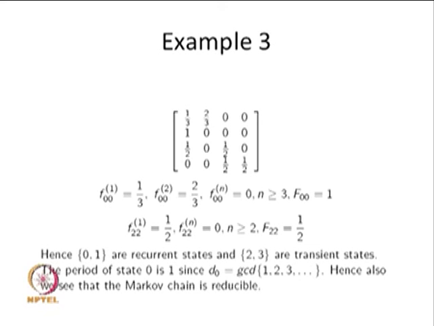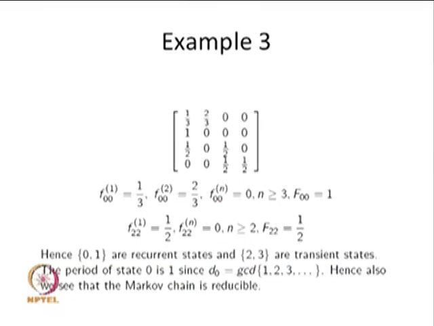Later we are going to explain the property of ergodicity. For that you need to understand what an ergodic state is. Whenever a Markov chain has a few states that are positive recurrent and aperiodic, those states are called ergodic states. Later I am going to give the definition of ergodicity and so on.